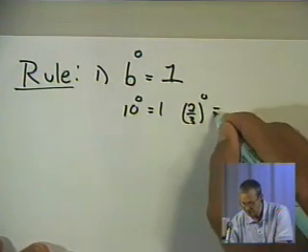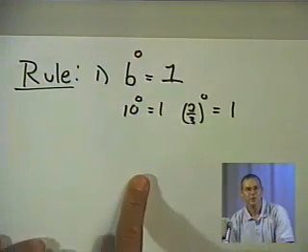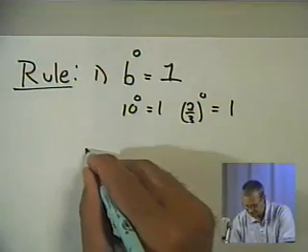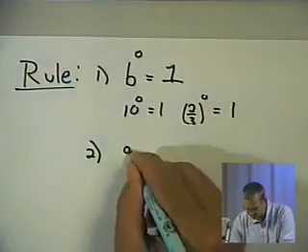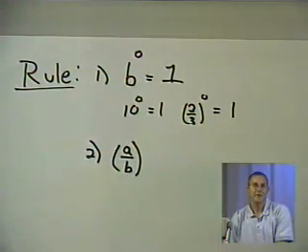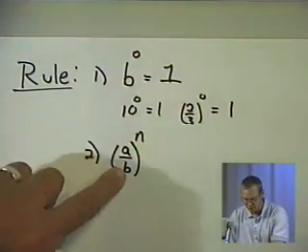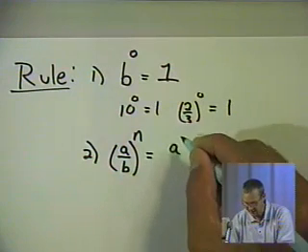Maybe 2/3 cubed. Notice my a is 2, my b is 3, and my n, or my exponent, is 3 here. Well, according to this rule, I can apply the exponent to the numerator and get 2 to the 3rd over, and I can apply the exponent to the denominator. 2 cubed, well, what is 2 cubed?